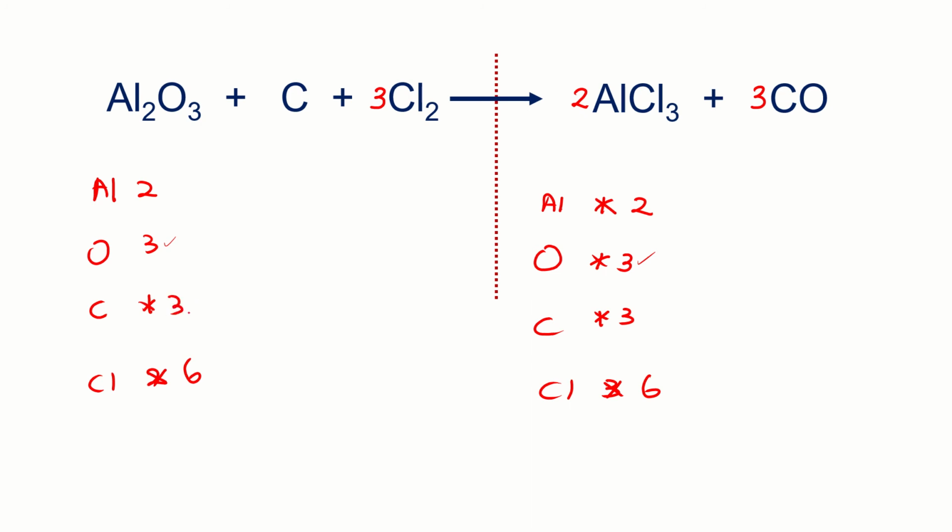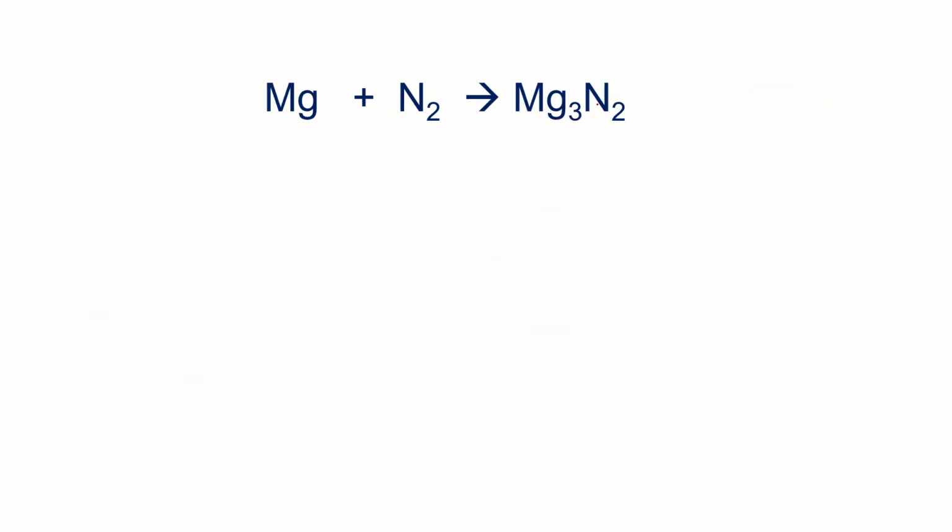And if you want to get 3 carbons, you will have to put the coefficient 3 into 1, that is 3. Now compare the total number of elements on both sides. Aluminum balanced, oxygen balanced, carbon balanced, and chlorine balanced. Now this equation is properly balanced with the simplest whole number ratios.